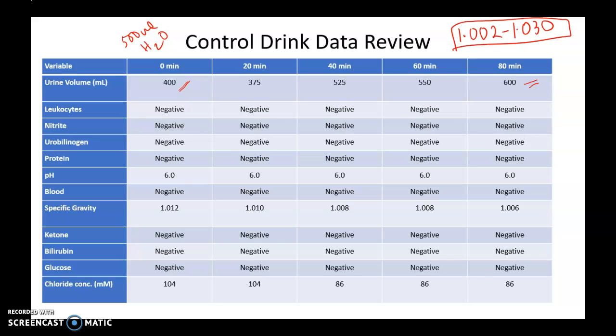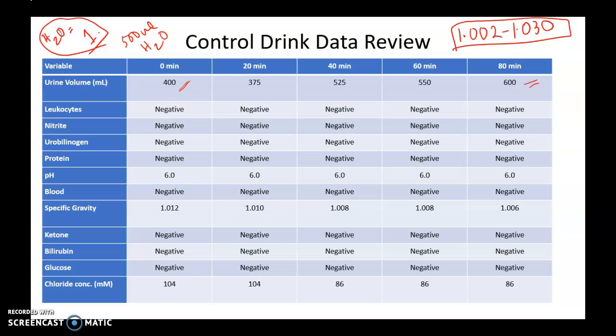Plain water has a specific gravity of 1. Obviously, urine contains some solutes, so the specific gravity is slightly higher than water. A specific gravity of 1.002 means you have very little solutes in your urine.